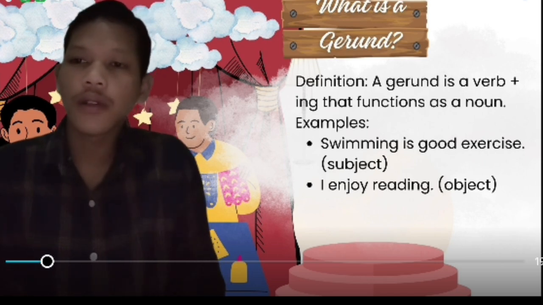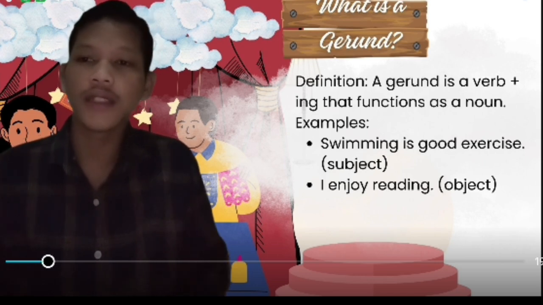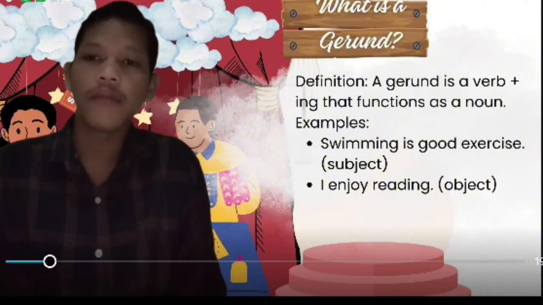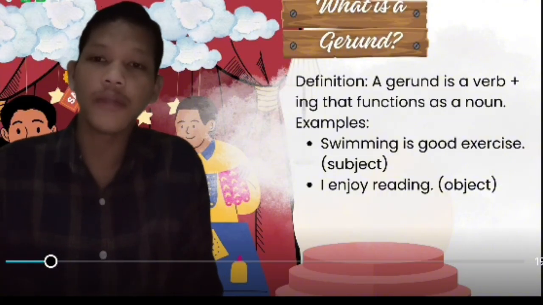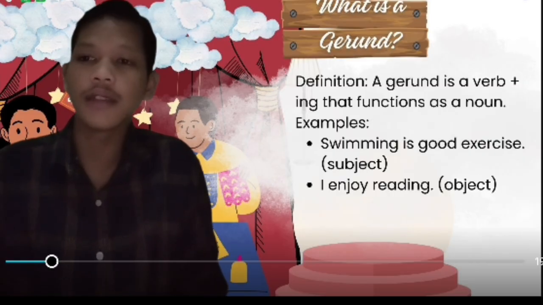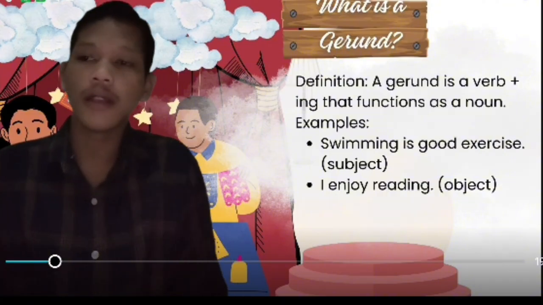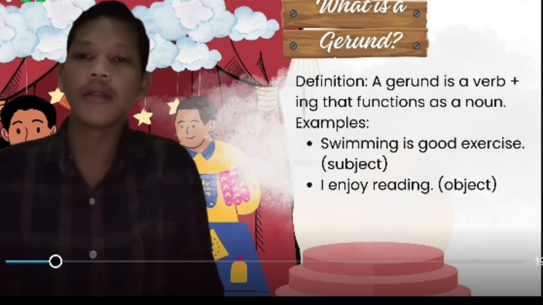Here swimming is not an action you are doing, but it is a thing that functions as the subject of the sentence. That means swim plus ing here is not a verb ya, it is a noun and berfungsi sebagai subject in the sentence.